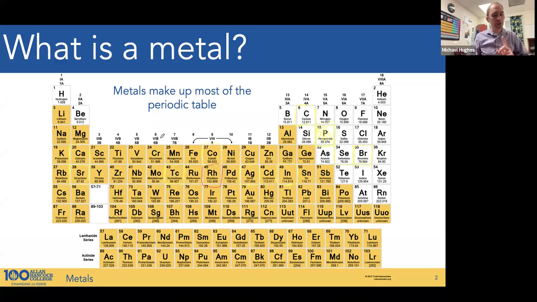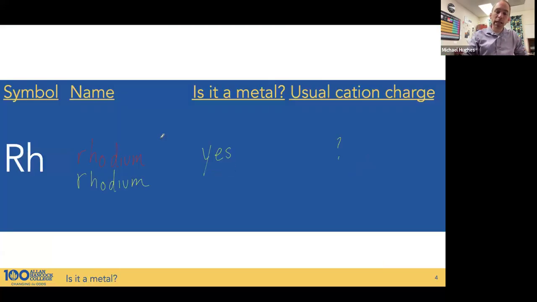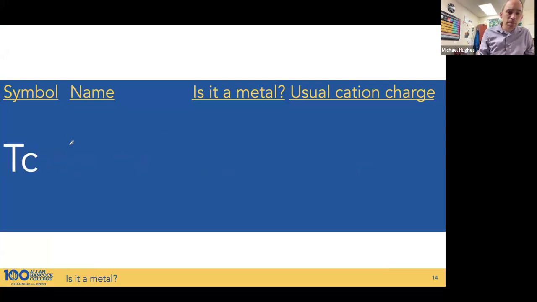But artificial or not, it is a metal, and it is a metal that we do not know its charge because it's a transition metal that's not silver, cadmium, or zinc. So artificially made, yes. Metal, yes. It's named technetium because it's made by technicians, spelled technetium. It is a metal, but we do not know its charge.